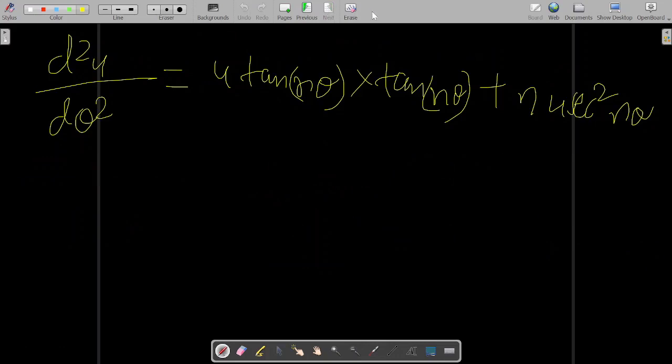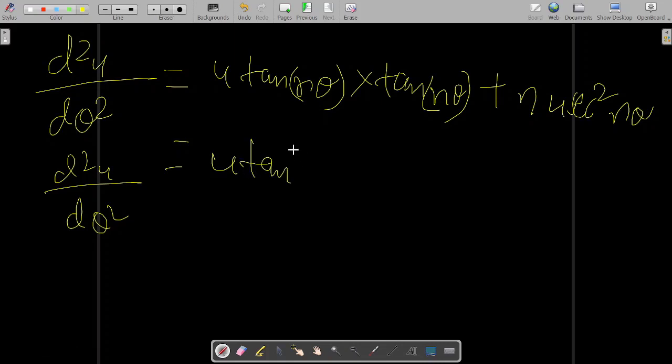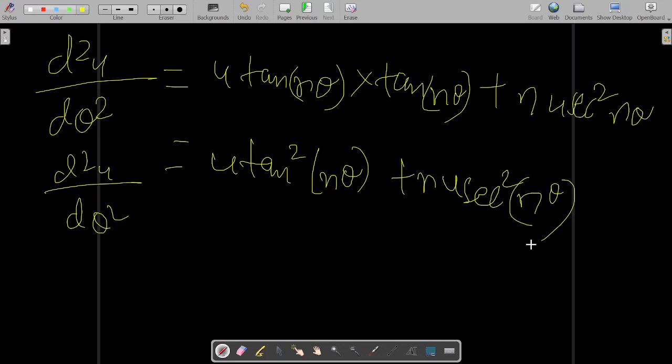That implies d2u by d theta 2 is equal to u tan square n theta plus n u sec square n theta. This is what you get. Suppose this is equation number 2.